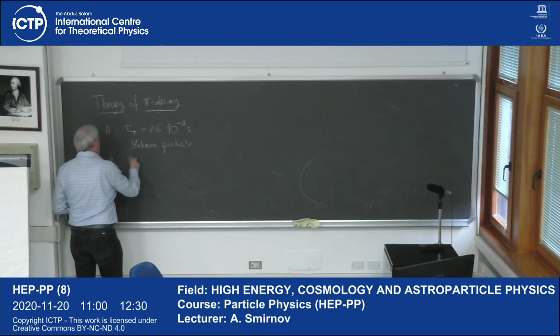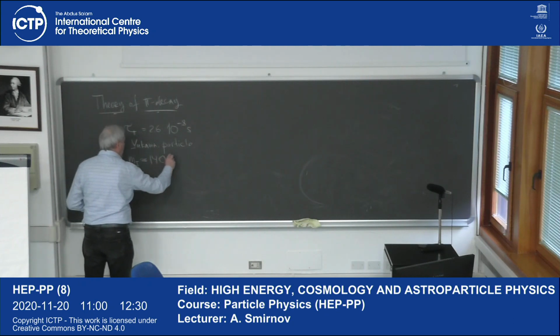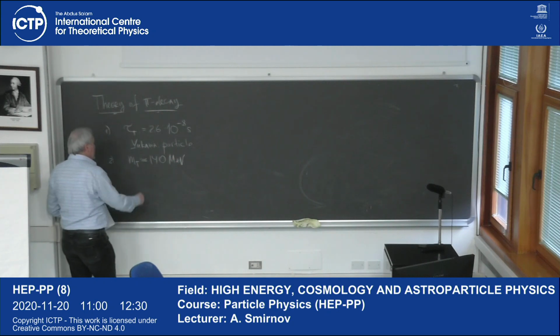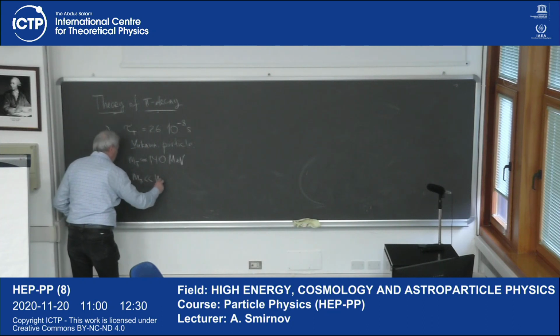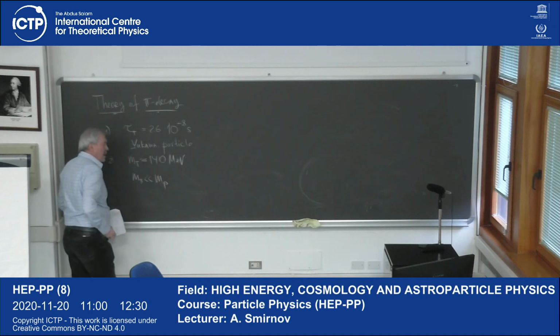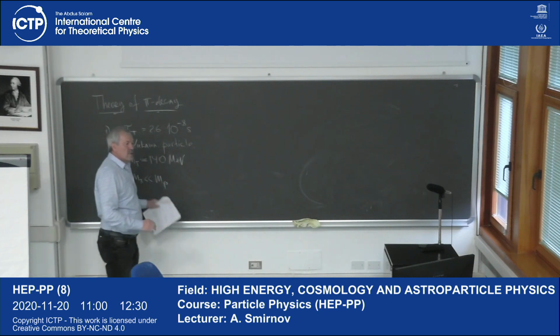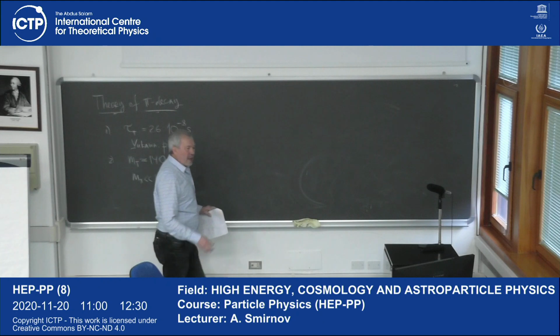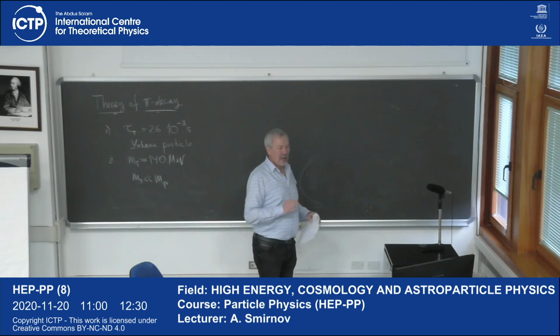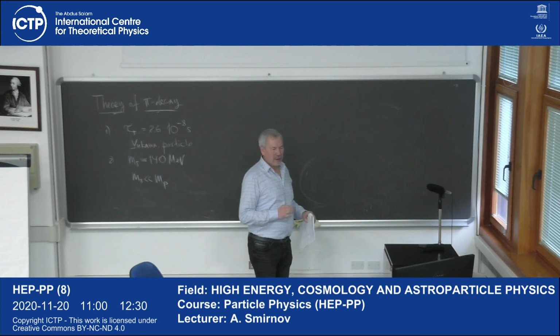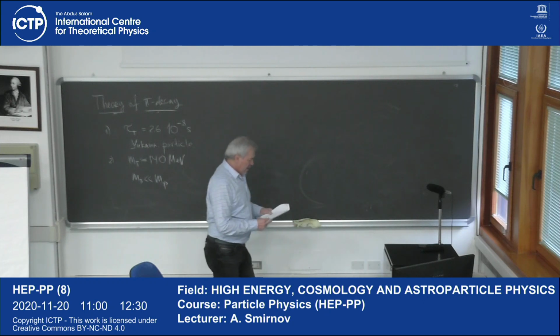The mass of the pion, as I said already, is approximately 140 MeV, which is much smaller than the mass of the proton and some other particles. So the pion is a strongly interacting particle, and it turns out that the pion is the lightest, and it is substantially lighter than other strongly interacting particles.